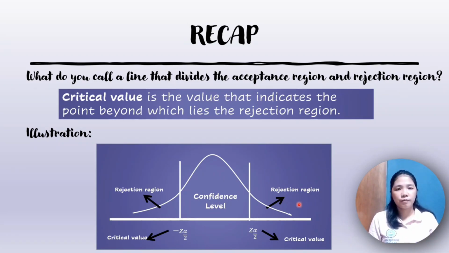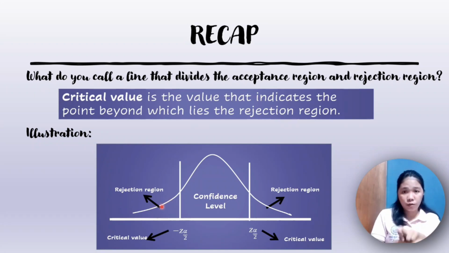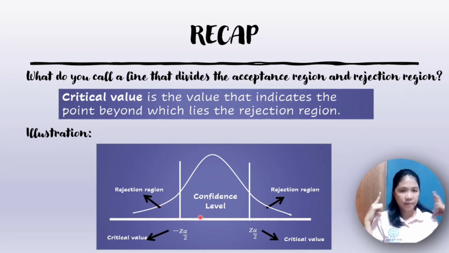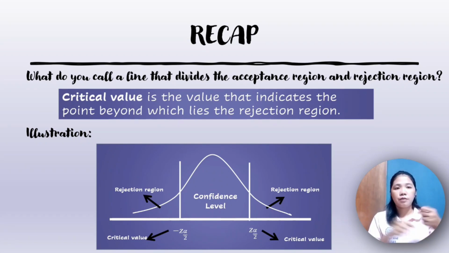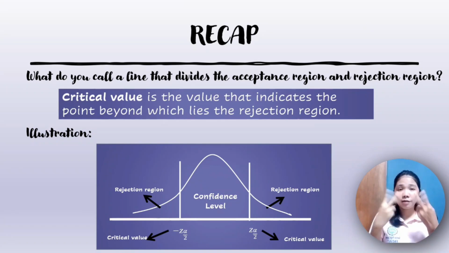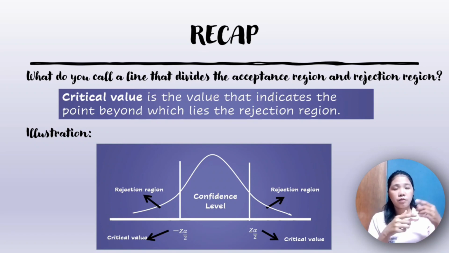Then beyond this is the rejection region. So this one is the rejection region on the right side, and this one is the rejection region on the left side. And at the center is the confidence level. As we go through this, you can see the relationship exists on the level of significance, the rejection region, and the critical value.